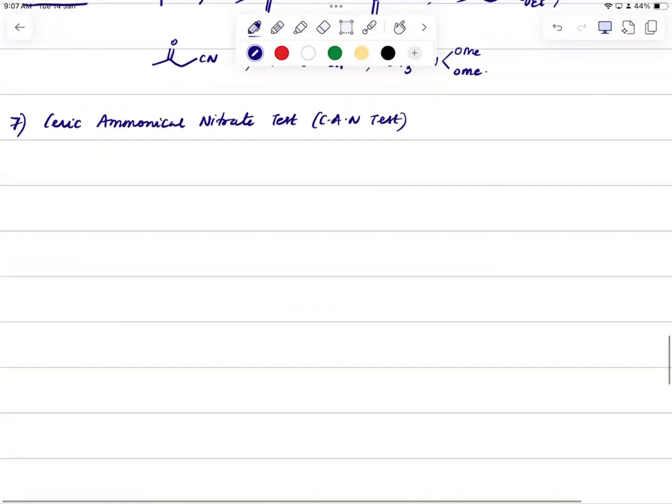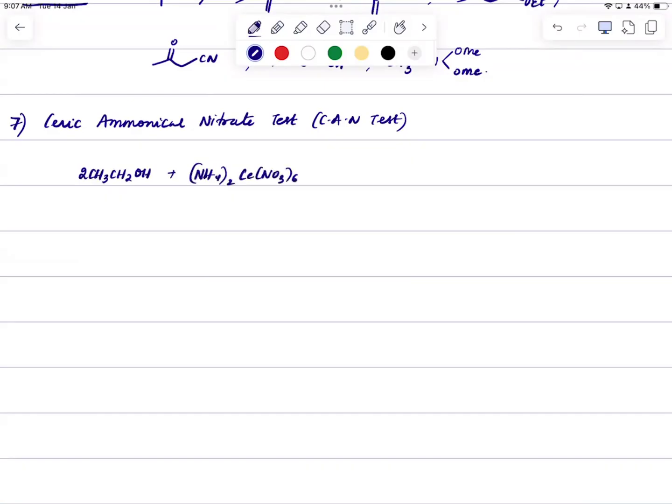Basically, the CAN test is for any alcohol, 1 degree, 2 degree, or 3 degree. If you treat it with ceric ammonium nitrate, we get CH3CH2OH connected with cerium and NO3 four times, a complex, plus 2 moles of NH4NO3.